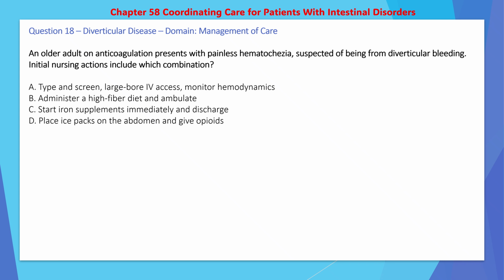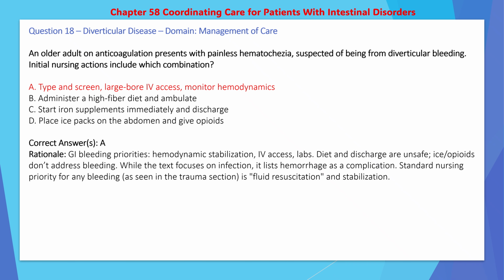Why discharge so quick? Place ice packs on the abdomen and give opioids. Oh my god, opioids. So type and screen, large-bore IV access, monitor hemodynamics. So this is the rationale: GI bleeding priorities are hemodynamic stabilization and IV access; the diet and discharge are unsafe.